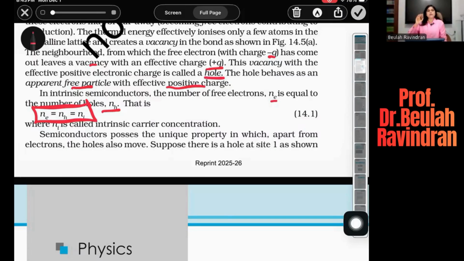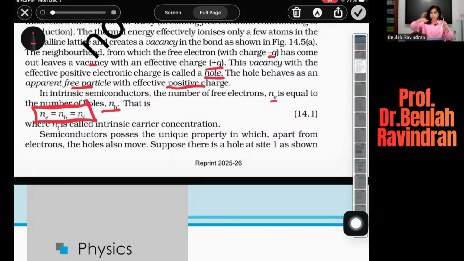But if it is a pure semiconductor, it has to be heated, and the energy has to be added in the form of heat. When energy is added in the form of heat, it can cause only a few electrons to break free of their bonds, not all the electrons.